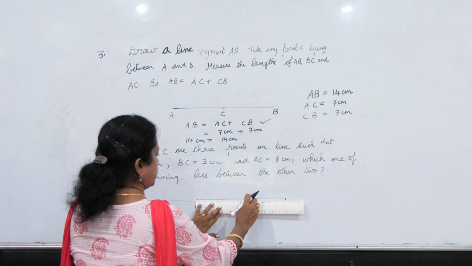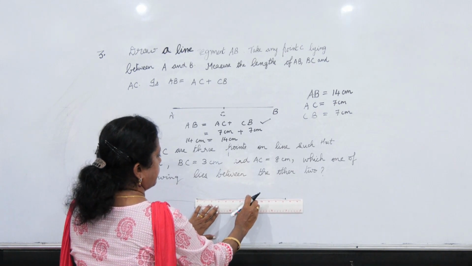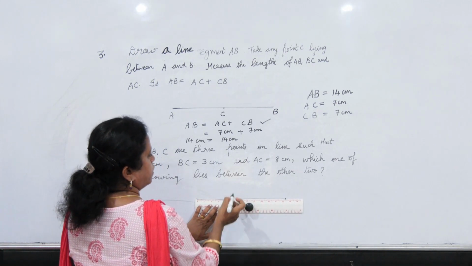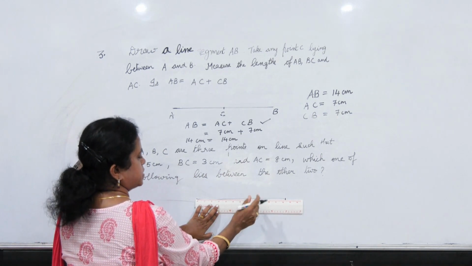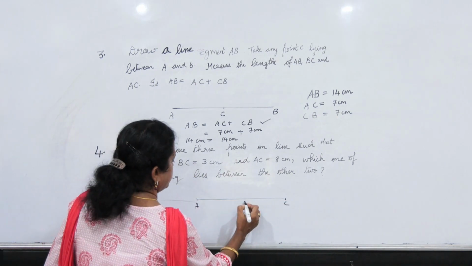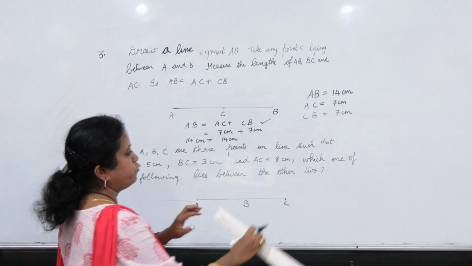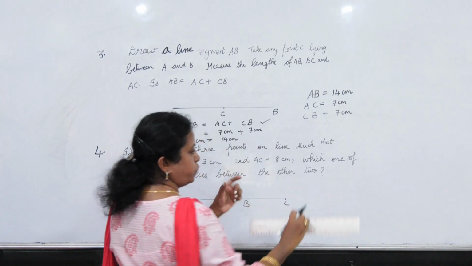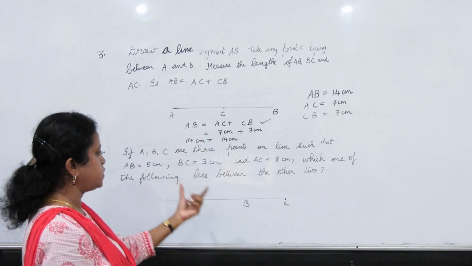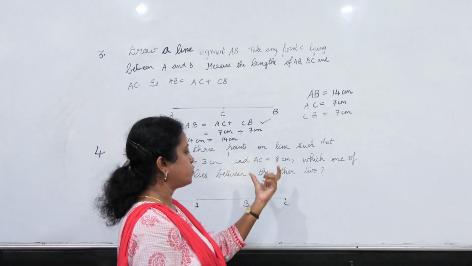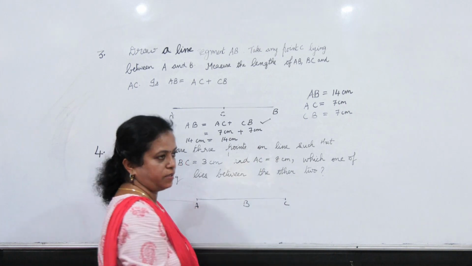Now I have to keep the ruler again on AB, the 0 at A, and mark where your point B should lie, it should lie at 5 centimeter. Now if you measure the remaining part, BC will be 3 centimeter. So AB measuring 5 centimeter and BC measuring 3 centimeter, and the total line segment AC, which was 8 centimeter.